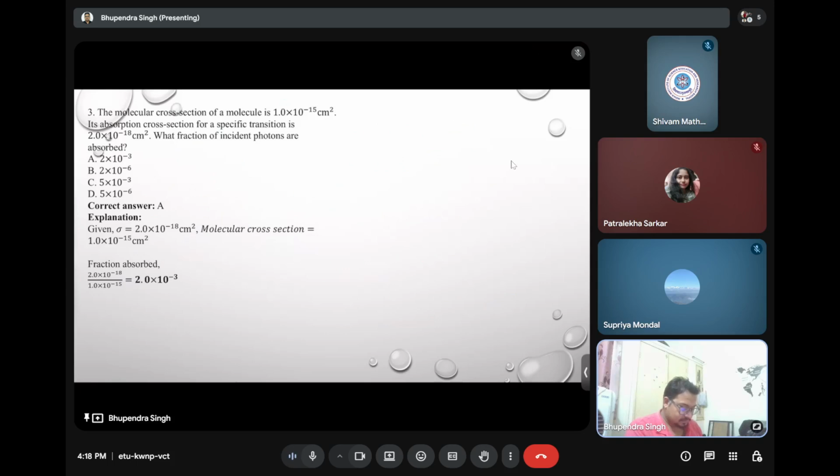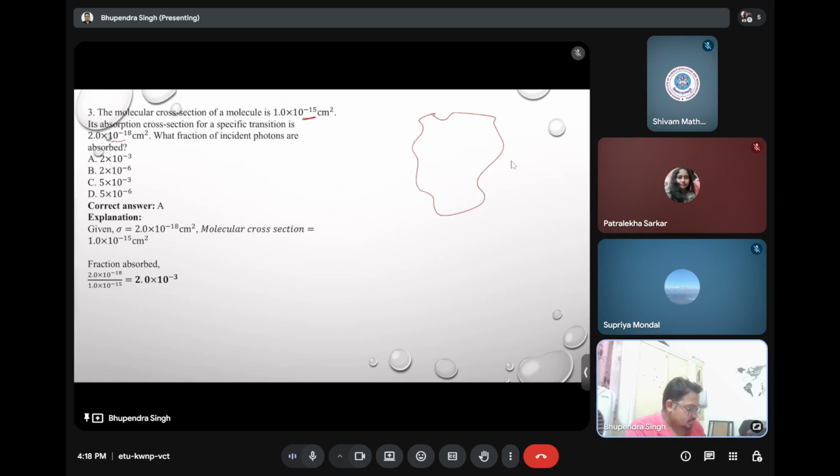Now coming back to this question. The molecular cross section of a molecule is this, and its absorption cross section for a specific transition is this. Let's say the molecule is this big molecule.